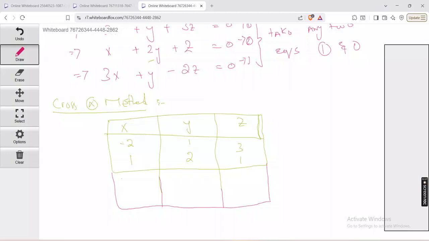You will write here 1, 3, 2, 1. Now you need y, but you have to start from the right side. So you can hide y. What's left here? 3, minus 2, 1, and 1. Put your hand on z, what is left with you is minus 2, 1. This is 1 into 2.